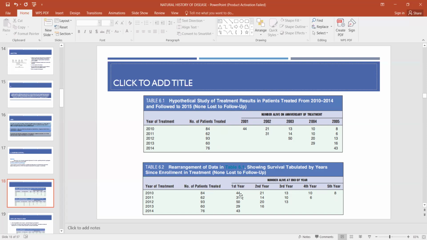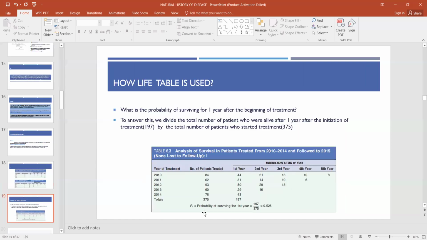After the first year, 44 people alive, and after the end of the second year, 21 people alive, and after the third year, 13 people alive, and so on. In the same way, these are the patients who enrolled in later years.